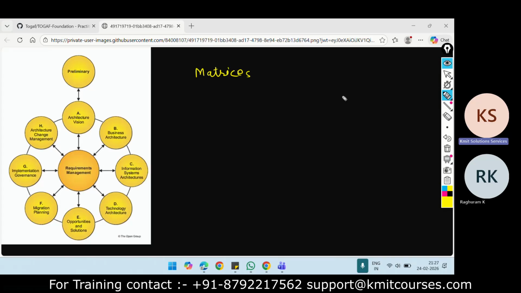So if I say a matrix for capability and organization, I need a row and column where the row represents business capability, and organization units are represented in the form of columns. Organization units like human resources, or maybe IT, sales and marketing.